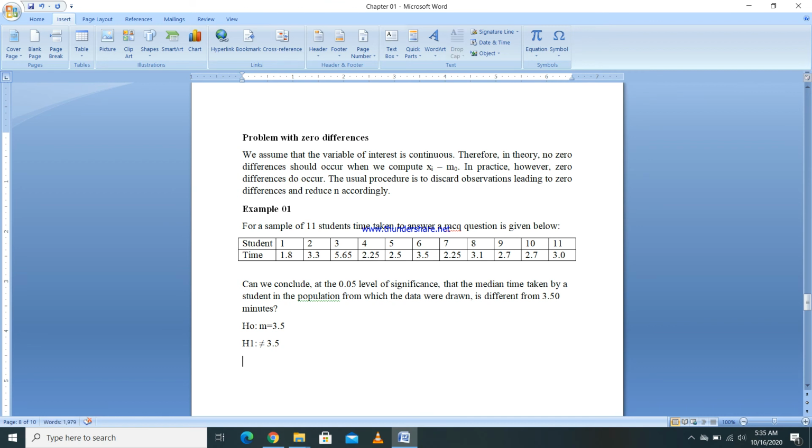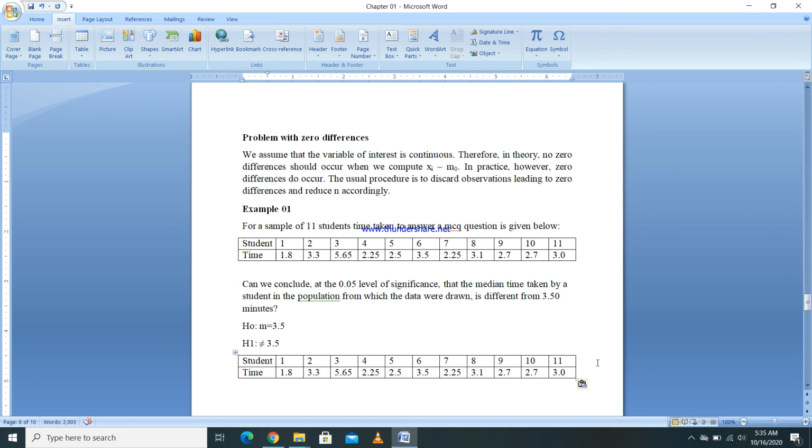Now the hypothesis is done. How are we going to calculate the test statistic? I'll just copy the table here. When it comes to the two-sided test, I told you that the test statistic capital S is the minimum of n plus and n minus.